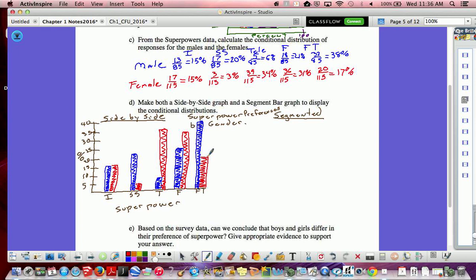So now, how are we doing with side by side? Are you okay if I start doing the segmented? Actually, before I do, one of the things I'm going to do here is note a little key. So I know that this is female and male, so that you can tell the difference between the two.